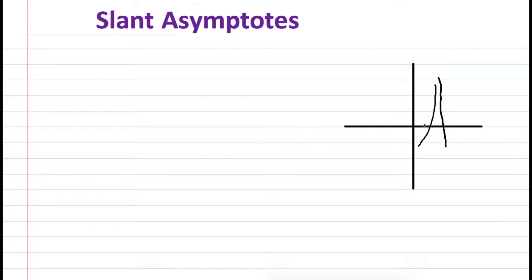That was a vertical asymptote, and in the case of vertical asymptotes, we were strict. We could not have the graph crossing the vertical asymptote.